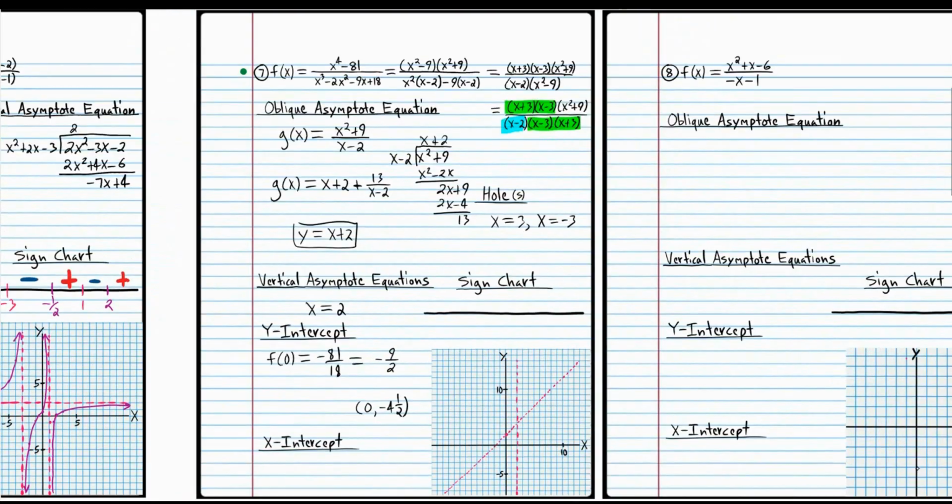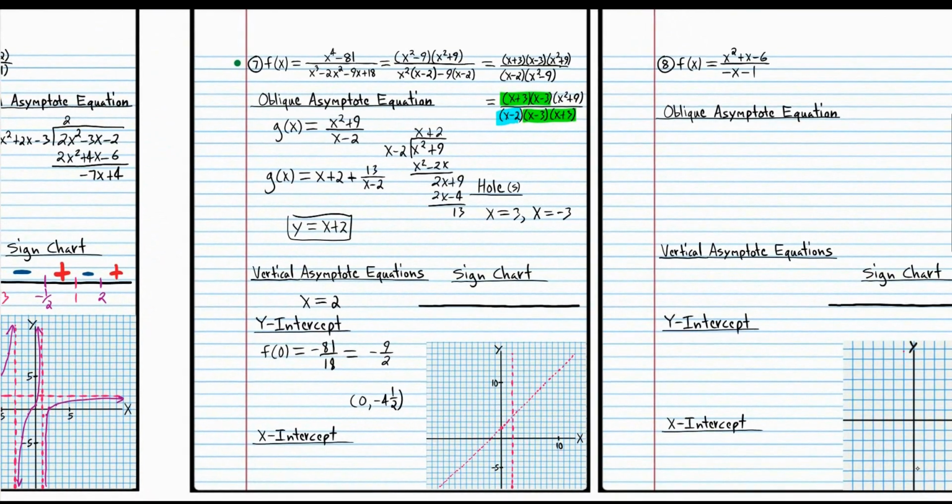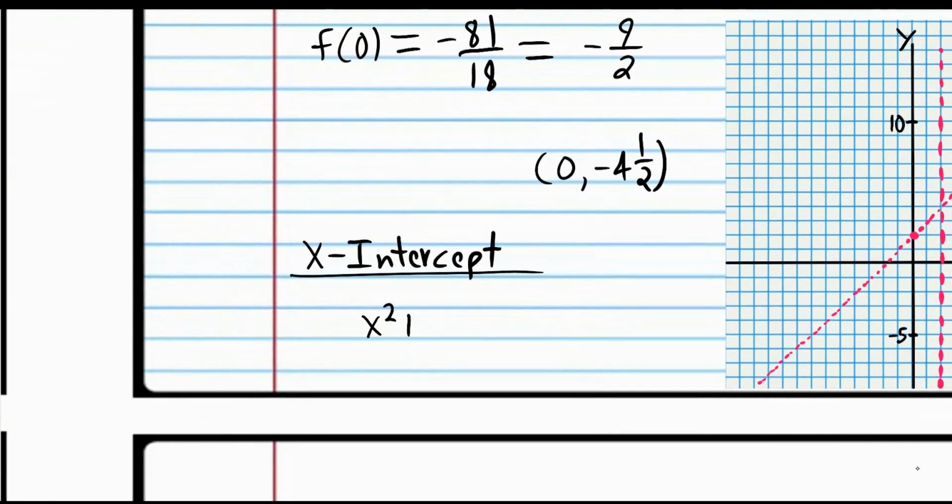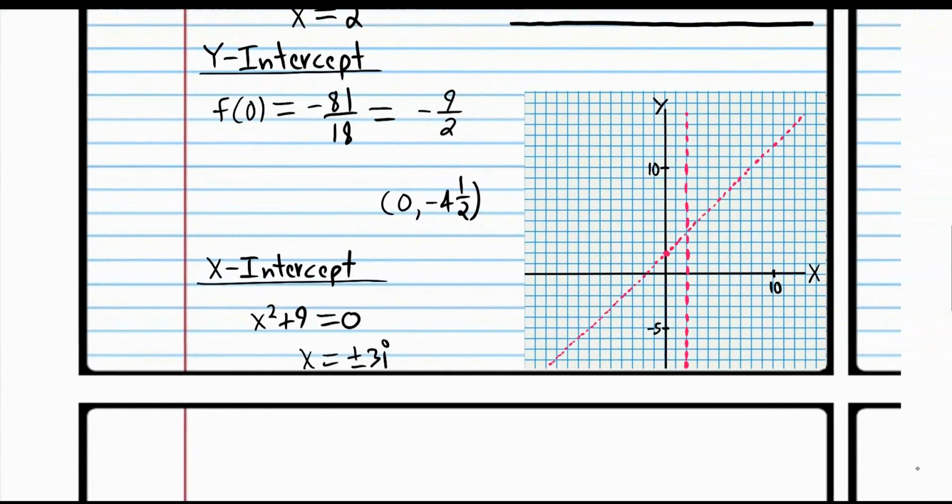And now the x-intercept. Well, actually, there is no x-intercept because that yellow factor doesn't produce an x-intercept. If we want to make the numerator 0, you'd see x would have to be plus or minus 3i. That's an imaginary number.